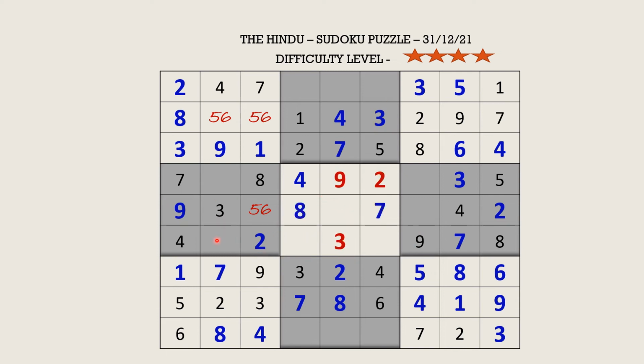Now this row, there are only 3 missing numbers. Missing numbers are 1, 5 and 6. Now this cell is blocked by 5 and 6. So this cell takes 1. Now that leaves this row with only 2 empty cells. So they take the 5, 6 pair.